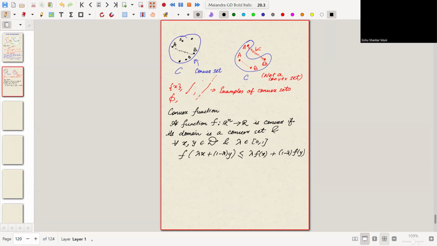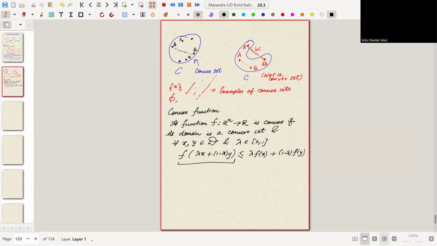It means that if we take any two points x, y, then the function evaluated at any convex combination of x and y should be no larger than the same convex combination of f(x) and f(y).